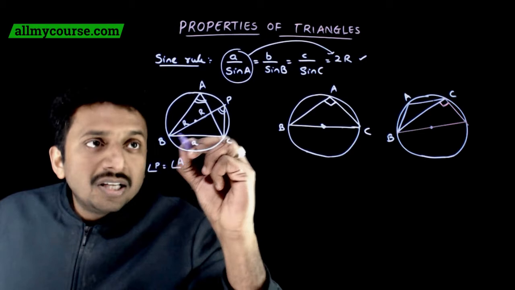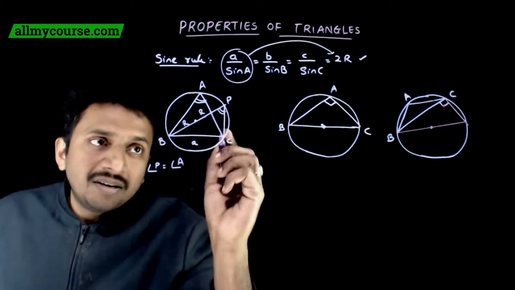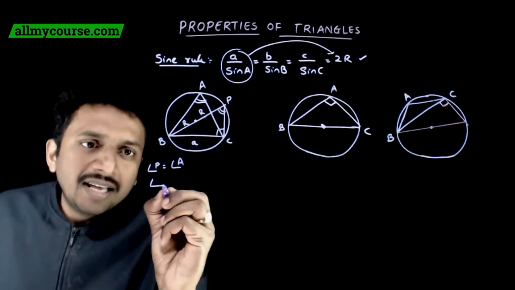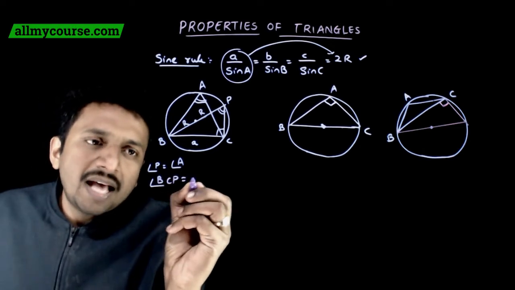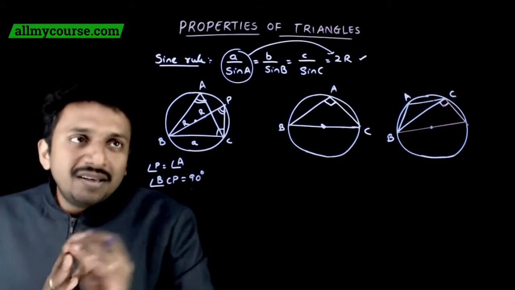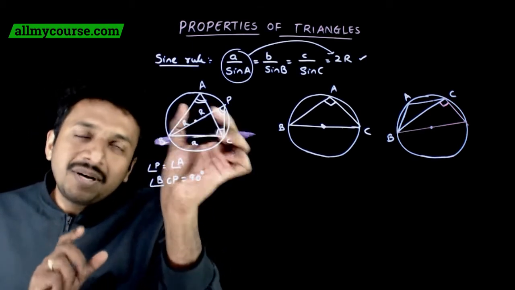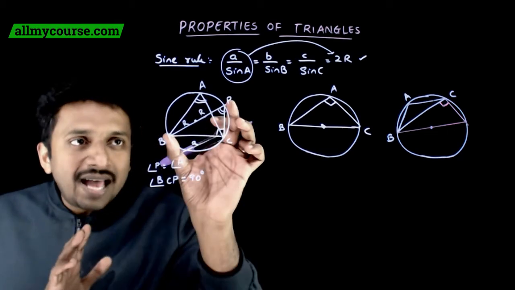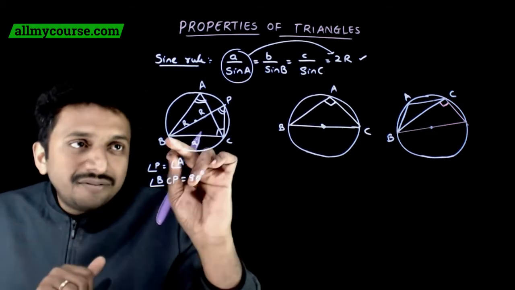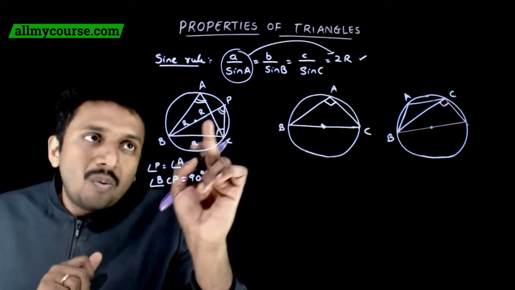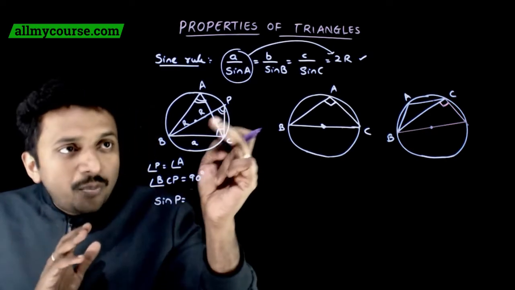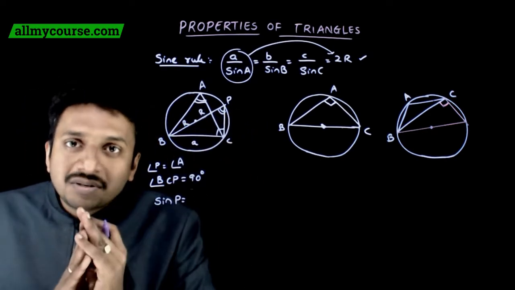And because BP is the diameter, angle BCP has to be equal to 90 degrees. These are the 2 conclusions that I draw. First is angles in the same segment are equal. The second is angle in a semicircle is equal to 90 degrees. Now, in this right angle triangle, what is sine P? Sine of P is nothing but opposite side by hypotenuse.